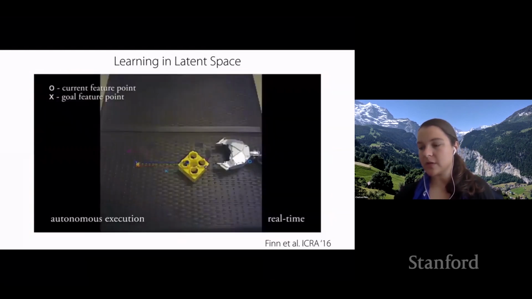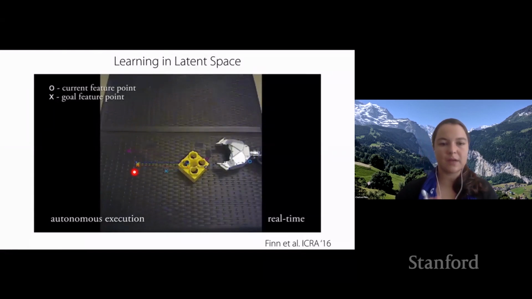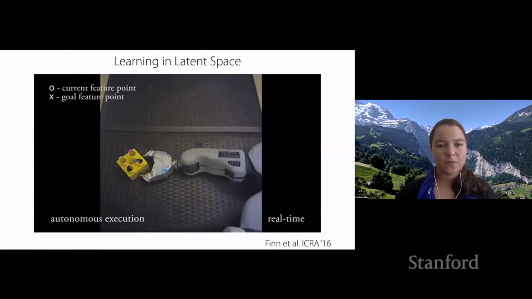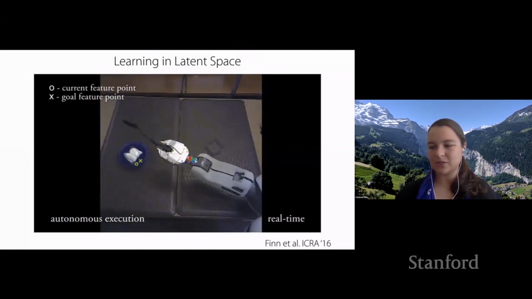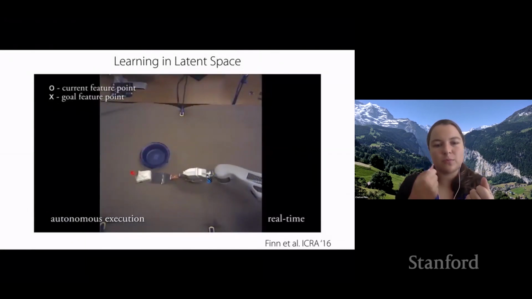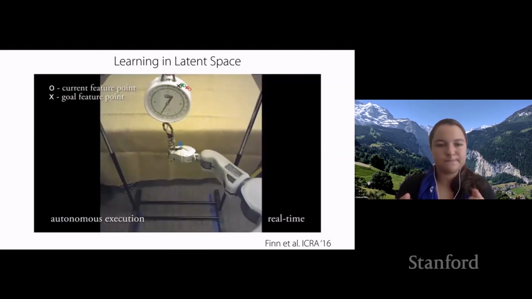Lastly, you can also visualize the feature points. Each of these circles is the visualized feature point for the image, and the X's are the encoded feature points of the goal image. And you get trajectories that look like this, where the final policy is trying to minimize the distance between the goal feature points and the encoded feature points.